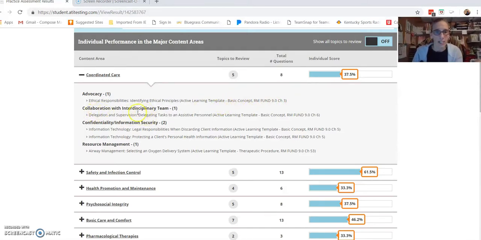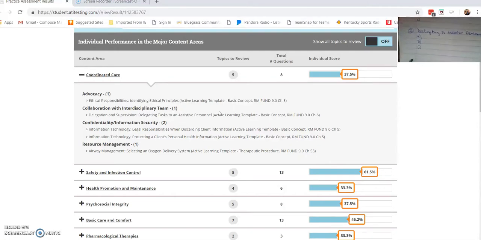Over here we've got collaboration, delegation, and supervision. Delegating tasks to an assistive personnel. So I'm going to number that number 2. Delegating to assistive personnel. And then I'm going to have 3 bullet points that relate to that.